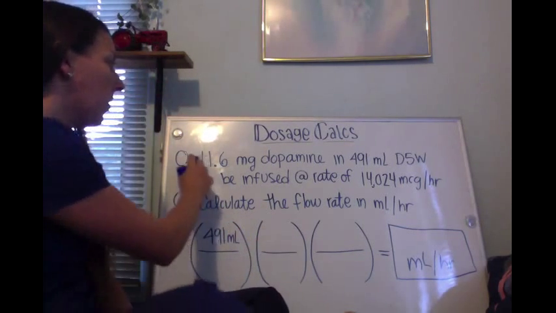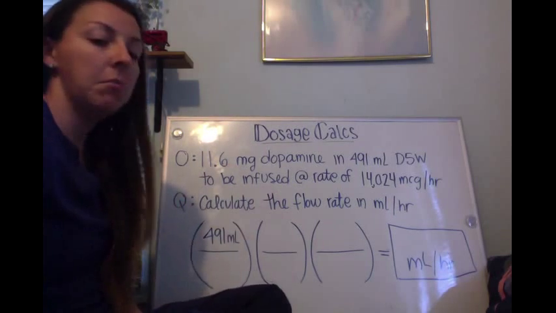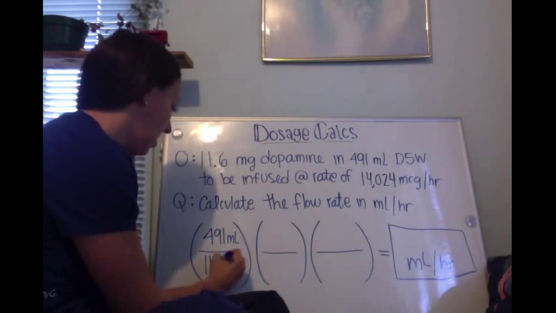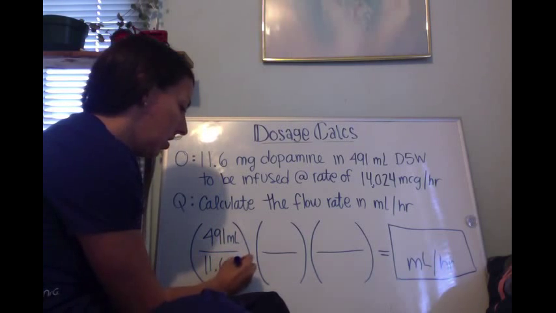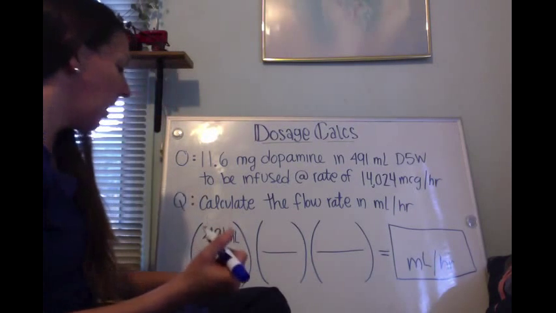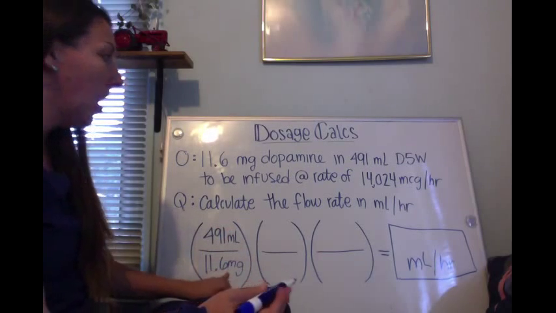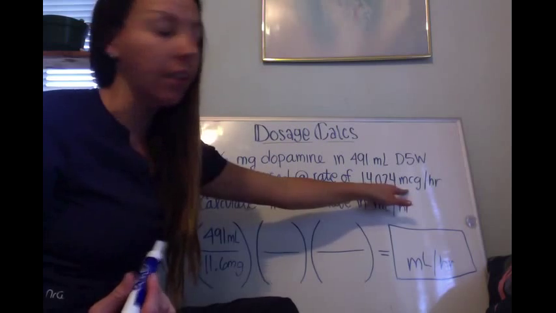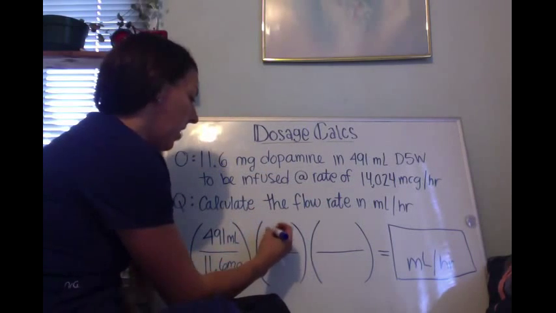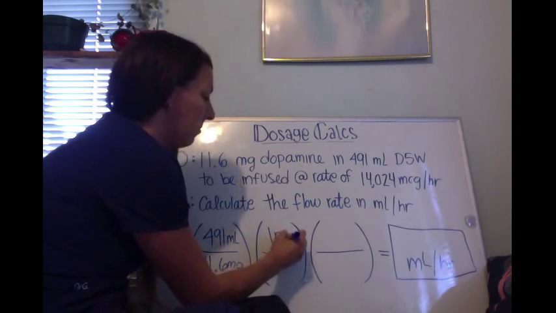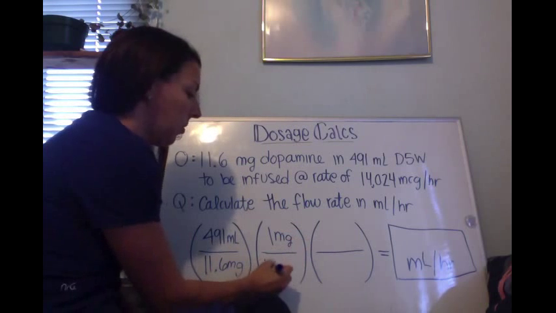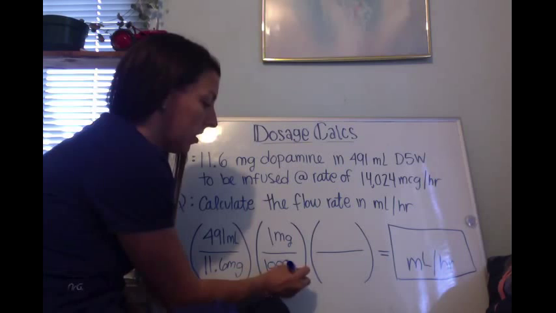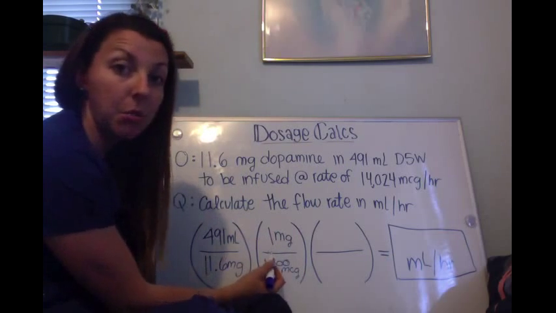And then we know that there's 11.6 milligrams in that. Next, we need to go to milligrams, and we know that we need to convert to the unit of micrograms here. So if we think 1 milligram is equal to 1,000 micrograms. So this in itself is essentially 1 over 1.